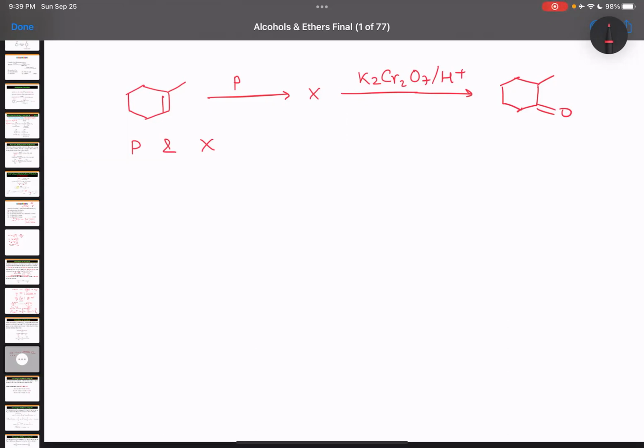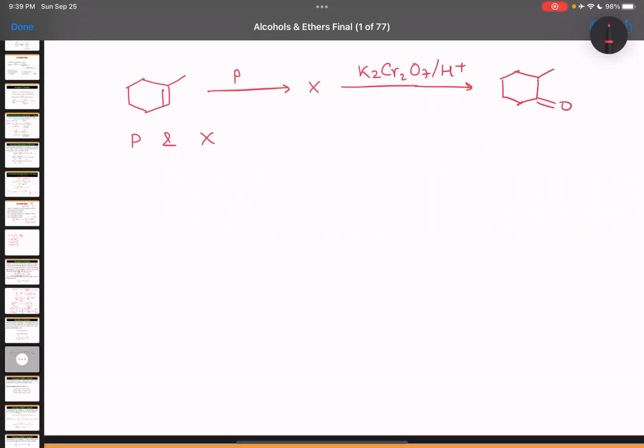Simple H2O actually is not going to add because water is neutral. You don't have a sufficient amount of H plus. H2O in the presence of H2SO4? Yeah, H2SO4, but that is going to be Markovnikov addition, right?